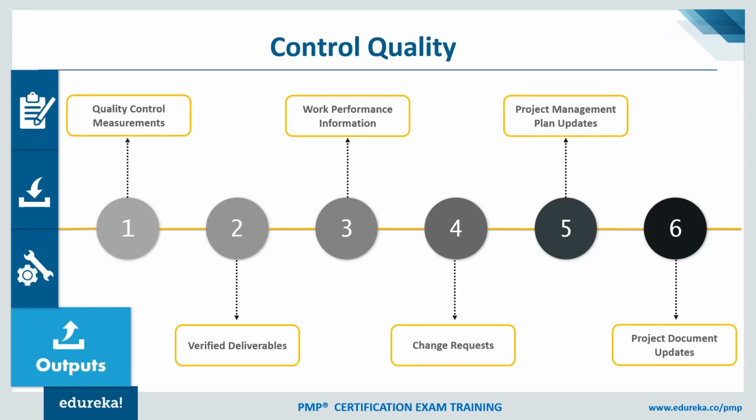So this covers the control quality aspects as well. We started with the quality management plan, then we looked into how we can manage quality overall, and then how we would control quality. In today's webinar, our focus was around quality and how we can maintain quality on the project by implementing these three processes as a part of the quality management.